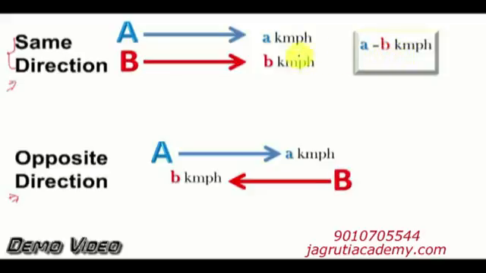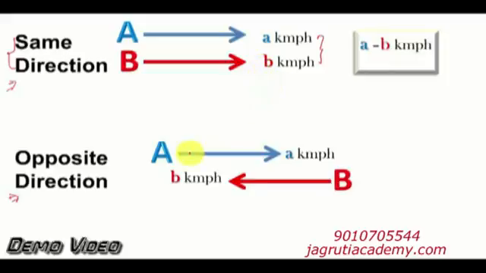In other words, the difference of the speeds of A and B if they are moving in the same direction, and the term used is relative speed. What is the speed of A? A kilometer per hour. What is the speed of B? B kilometer per hour. What is the relative speed? A minus b kilometer per hour.